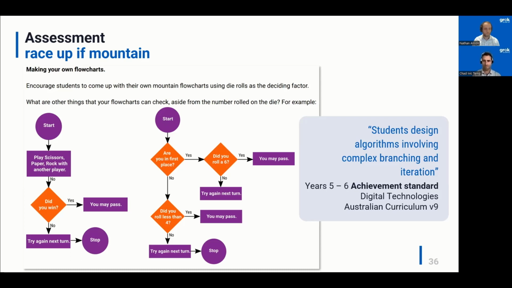And then the number on the dice is the deciding factor for what happens next. I just wanted to point out the one on the flowchart on the right has complex branching. So there's a decision, are you in first place, flowing on to either did you roll a 6, or if the answer was no, did you roll less than 4? That's something that's expected at the grade 5-6 level.